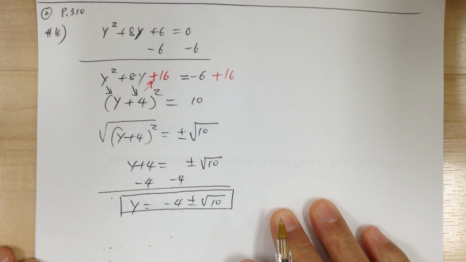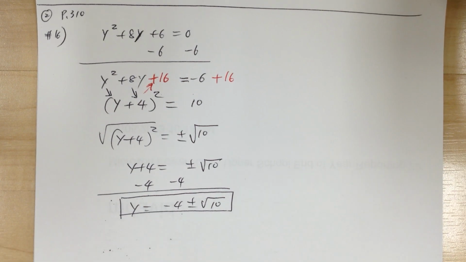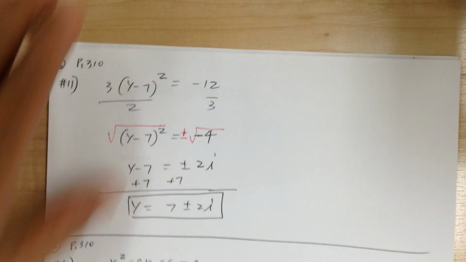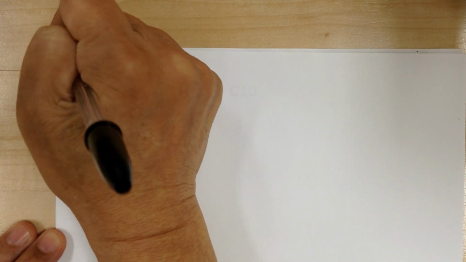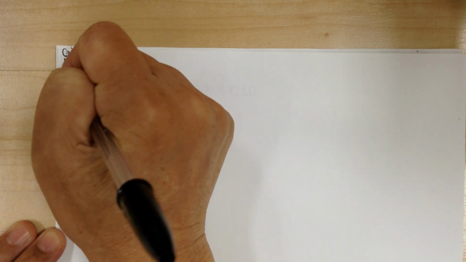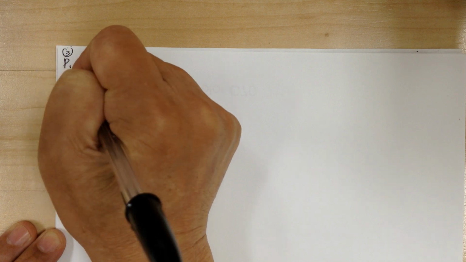Okay, let's go to the next item on the list. That's from page 314. So this is number 3 on the list. So page 314, and let's do number 6.